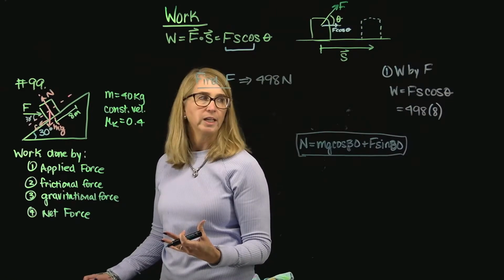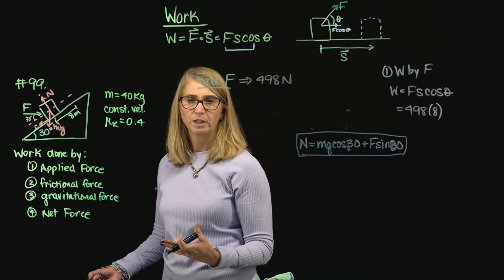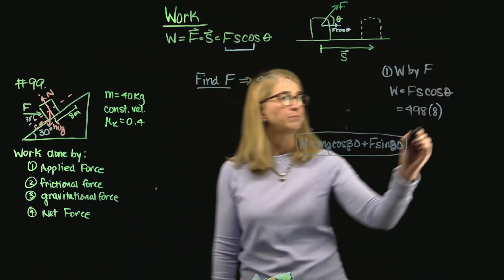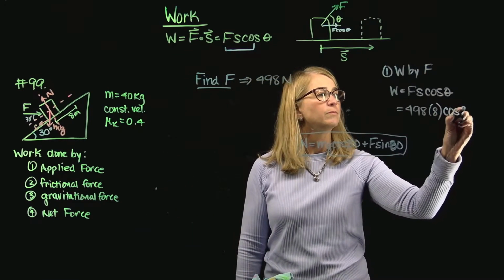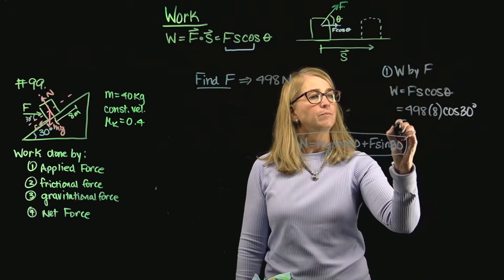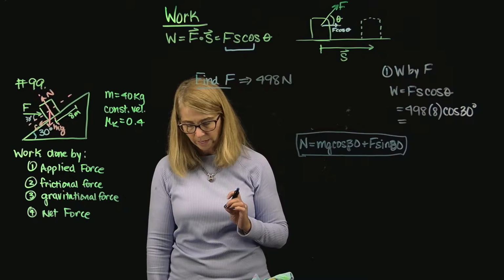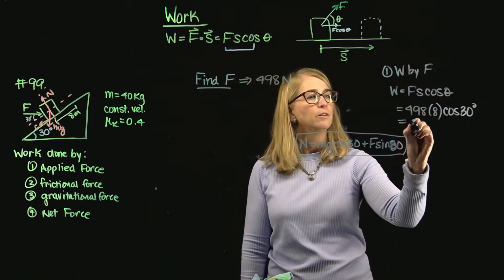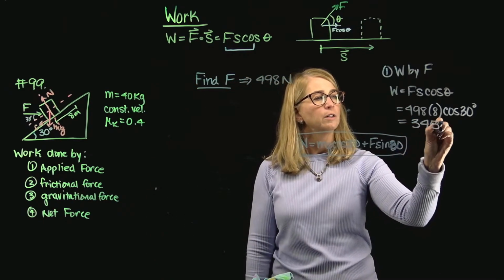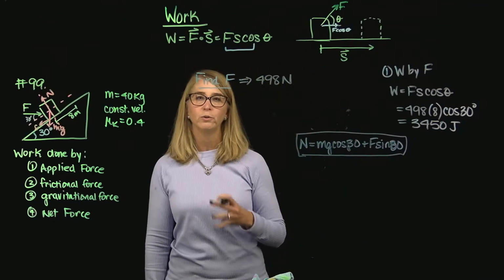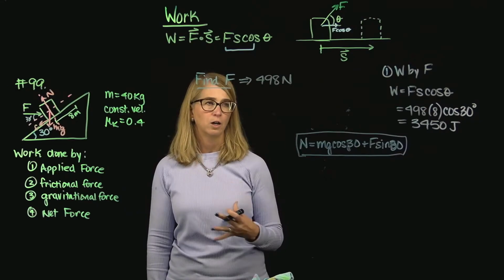That's a long way of saying that the angle between the force and the displacement in this part of the problem is 30 degrees. And so when I work through all that, I get 3,450 joules. We learned that the unit of work is called joules.